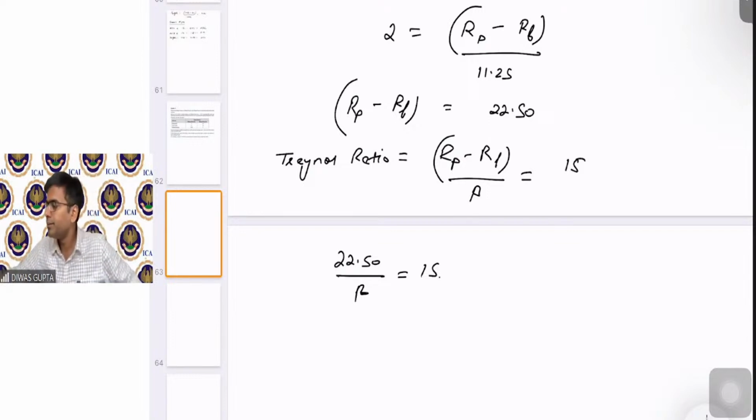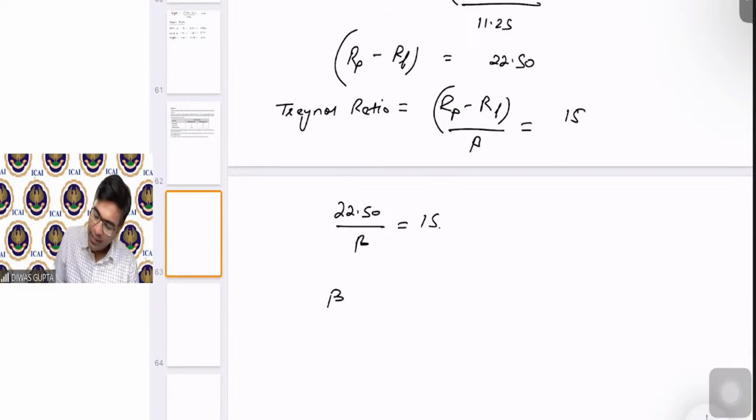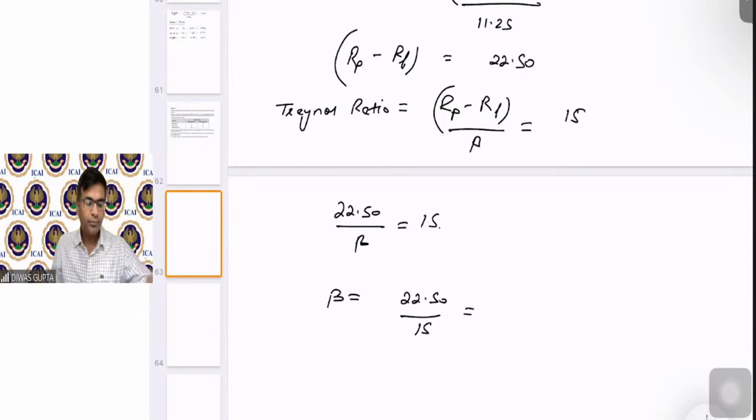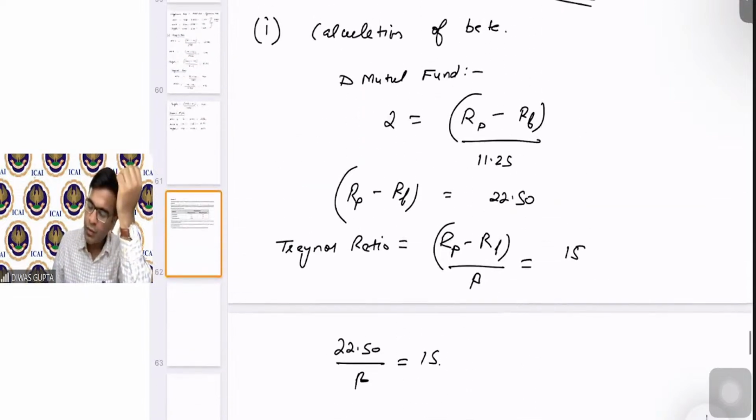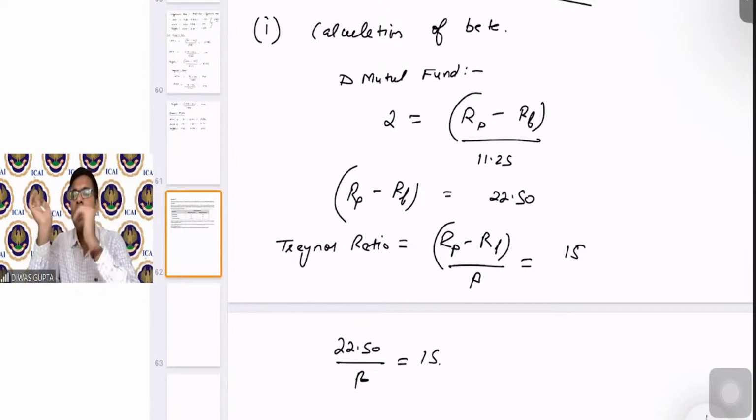So beta will be 22.50 divided by 15, which is 1.50. Correct? I hope this is understood. So we took RP minus RF, which is the excess return from Sharpe's ratio, to arrive at the Treynor's ratio excess return and then arrive at beta.